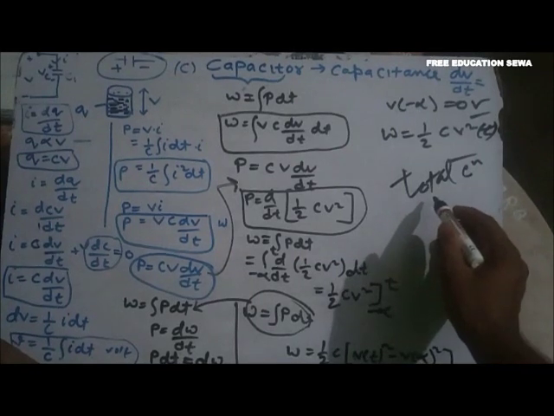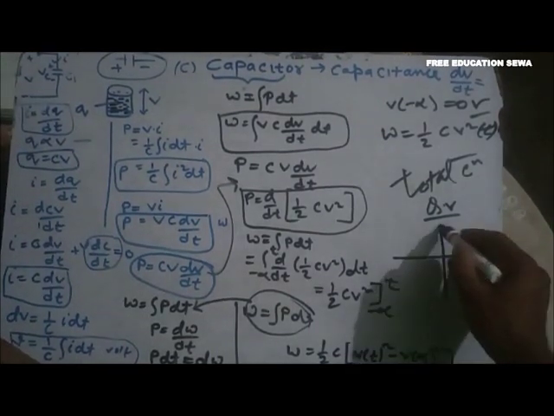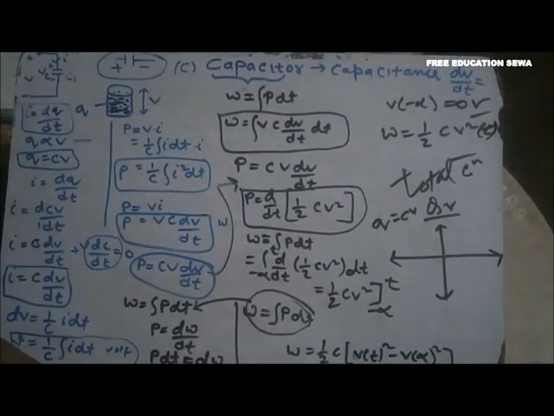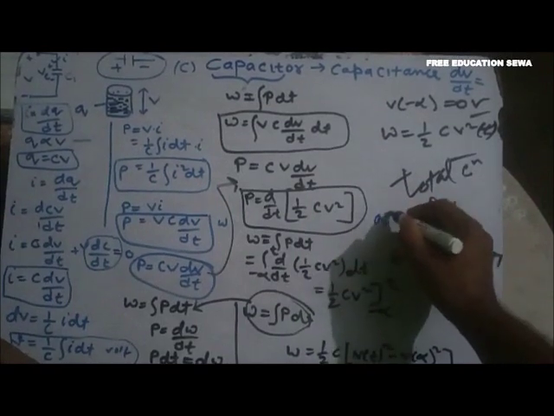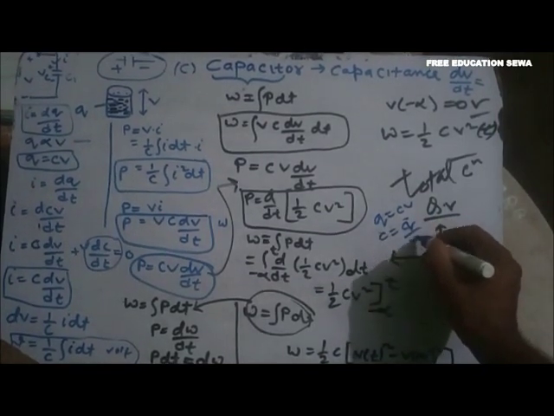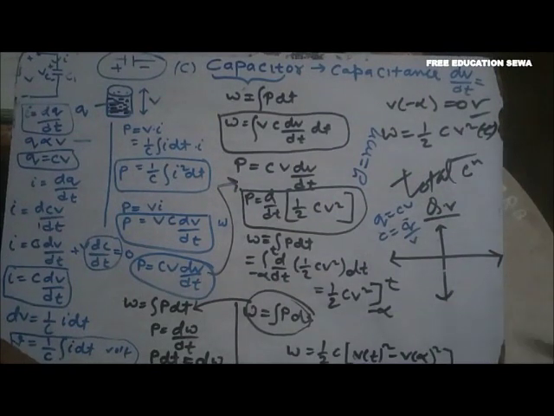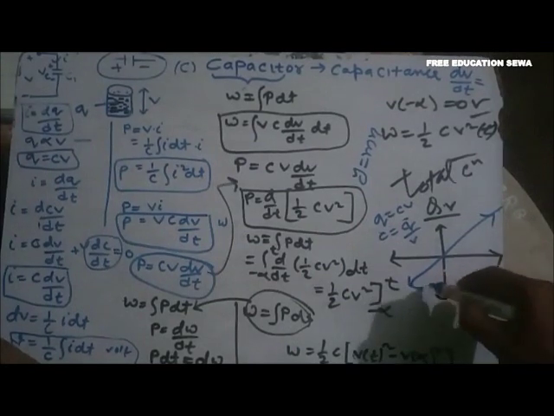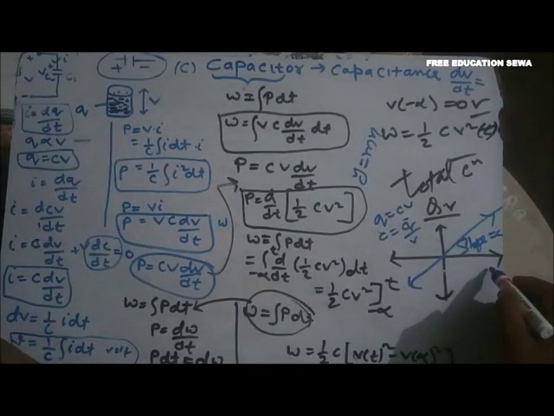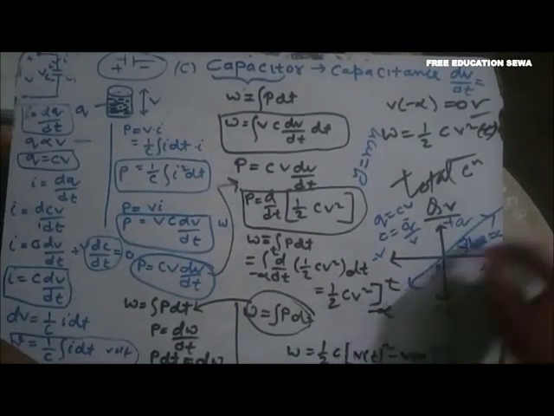Now see the QV characteristics. If we plot the characteristics, we know that Q equals CV, and C equals Q by V. If we compare this with y equals mx, C is constant, so the slope will be C. The axes are minus Q, plus Q, minus V, plus V. The line is passing through the origin, so it is linear.